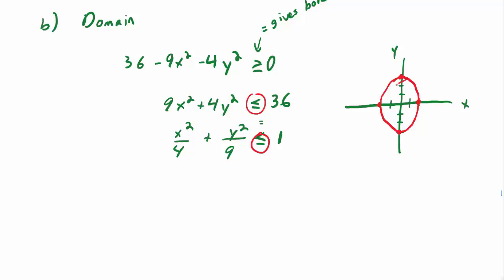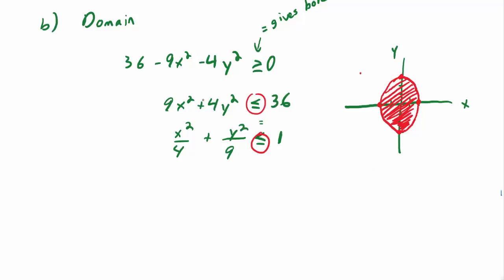The ordered pairs from inside would represent the domain, and on the border itself. If you plug in any xy value out here, you're going to get a non-real function, is what I'm saying. Okay?